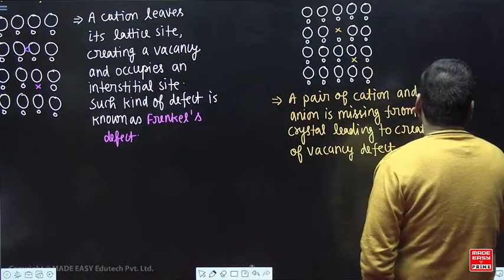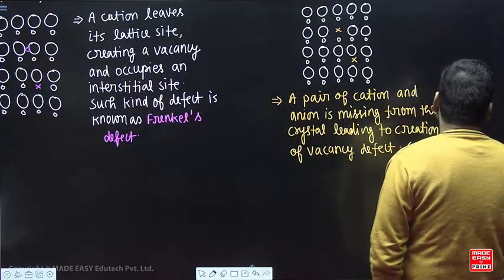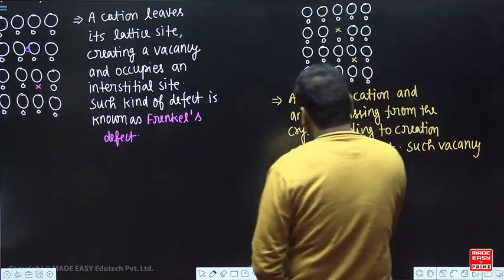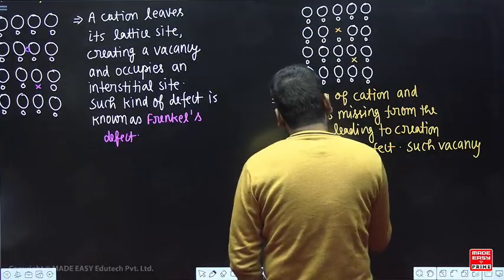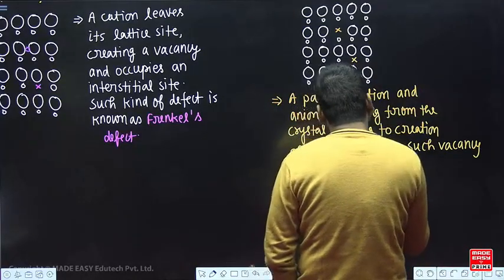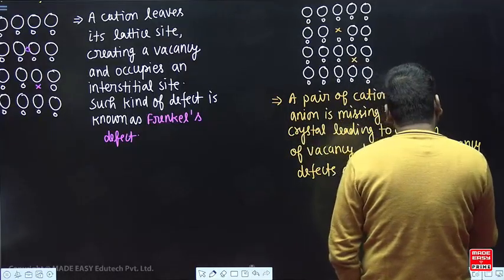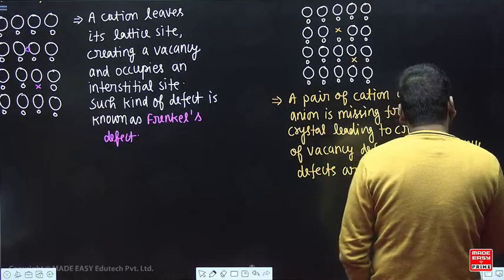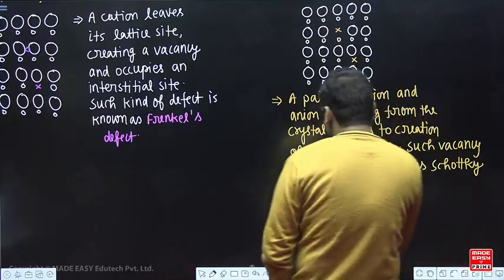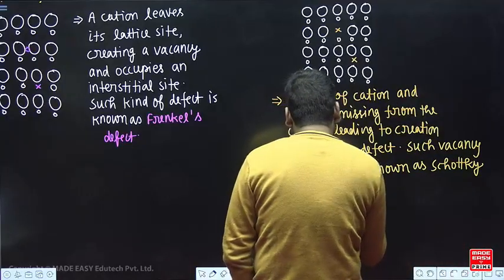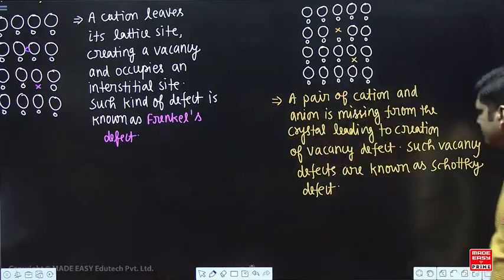Such vacancy defects are known as Schottky defect.